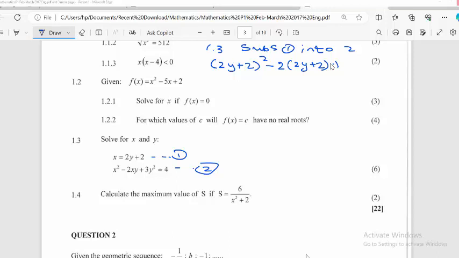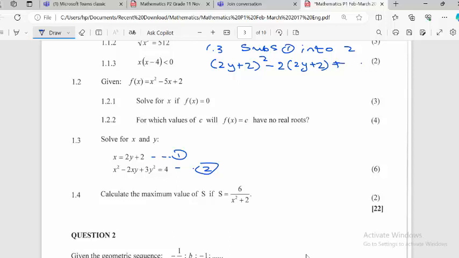How you then deal with this is you say 2y times 2y. What is 2y times 2y? It's 4y squared. Then you go 2y times 2. It gives you 4y times 2, which gives you 8y. So now you know it's positive 8y.